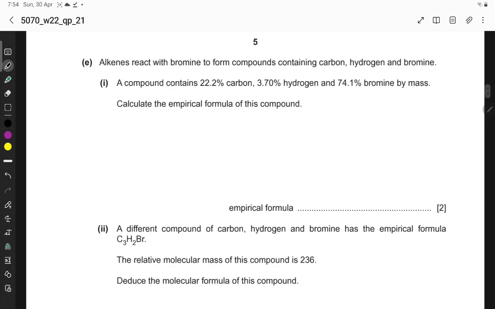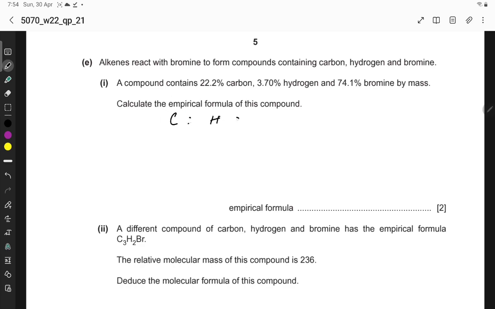Alkenes react with bromine to form compounds containing carbon, hydrogen and bromine. A compound contains 22% carbon, 3.70% hydrogen, 74.1% bromine by mass. Calculate the empirical formula of this compound.